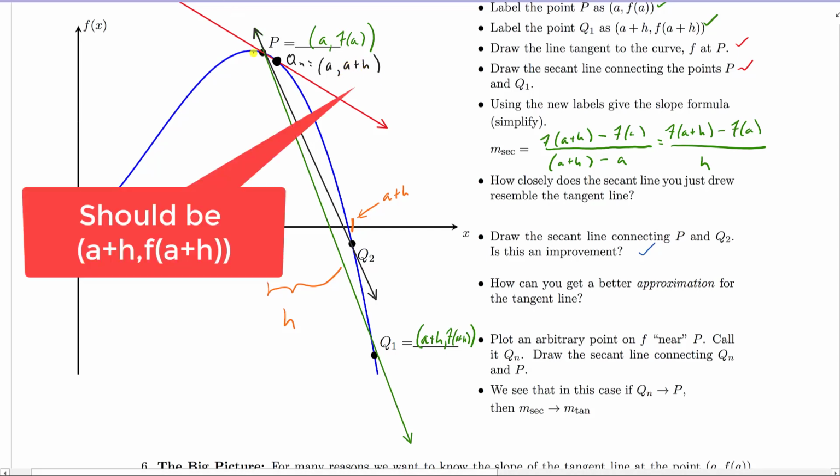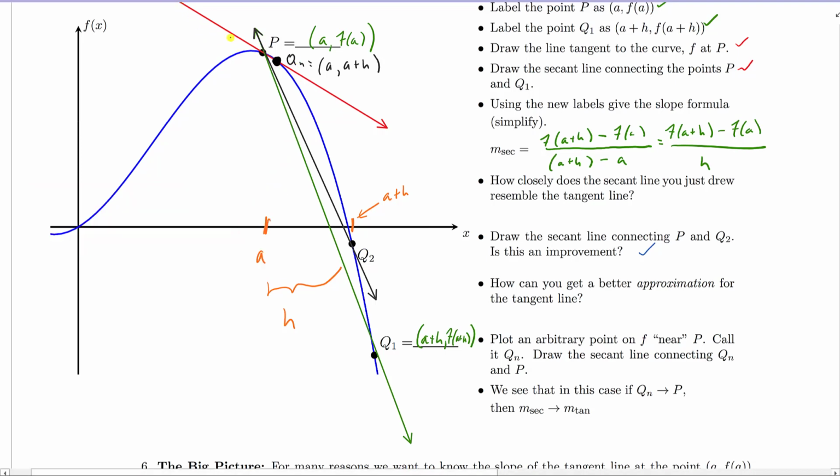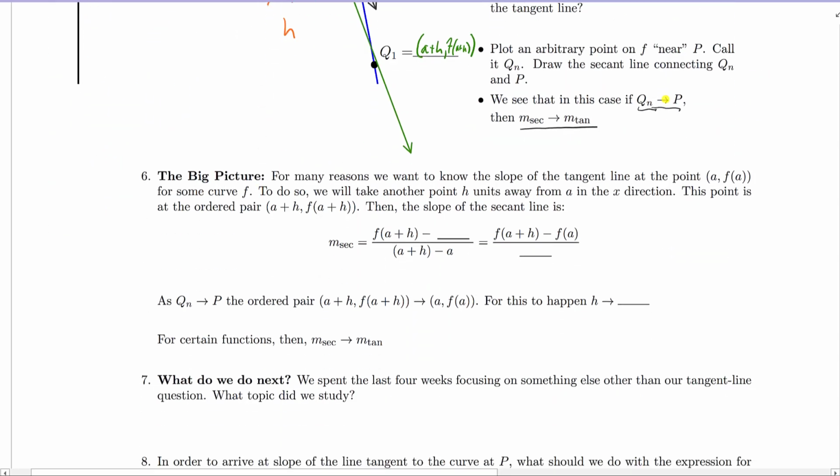Then when we draw a new secant line connecting P and Qn, I'm not going to because my diagram's getting a little too cluttered, but notice how closely that will align to our tangent line. Okay. So in this case, and not in all cases, but in a lot of them, as Qn gets closer and closer to P, we saw the slope of the secant line was getting closer and closer to the slope of the tangent line.